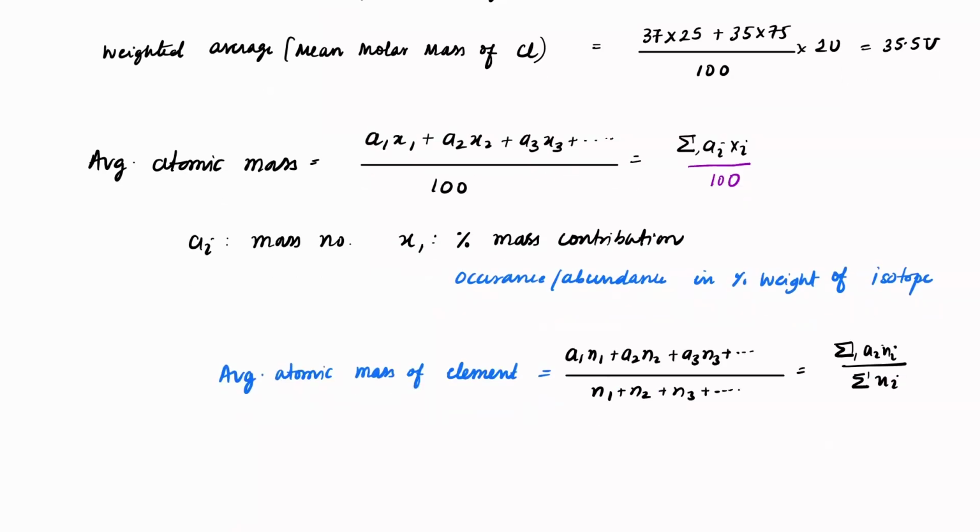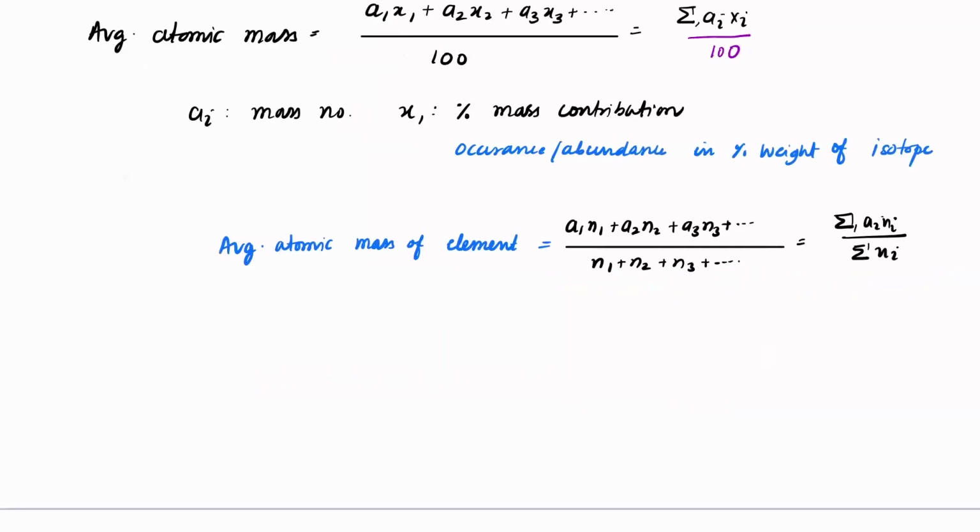In this language we also call it abundance. What is the abundance of a certain element or species? It is the occurrence in percentage weight of this isotope. So that is what we will be writing here. Clear?